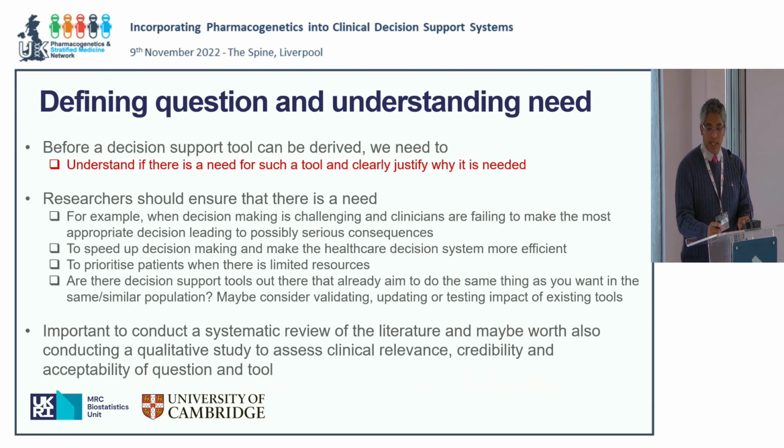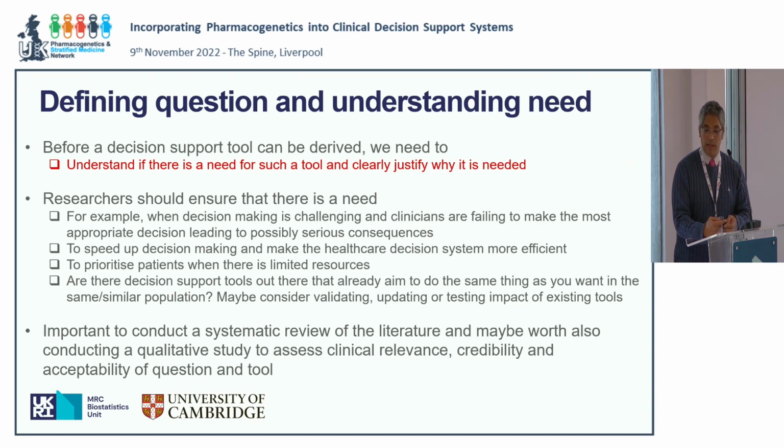We should also understand if there's an actual need for such a tool in the first place, and we should really justify why it is needed. For example, a decision support tool may be needed where decision-making is challenging and clinicians are failing to make the most appropriate decision, which may lead to possibly serious consequences.